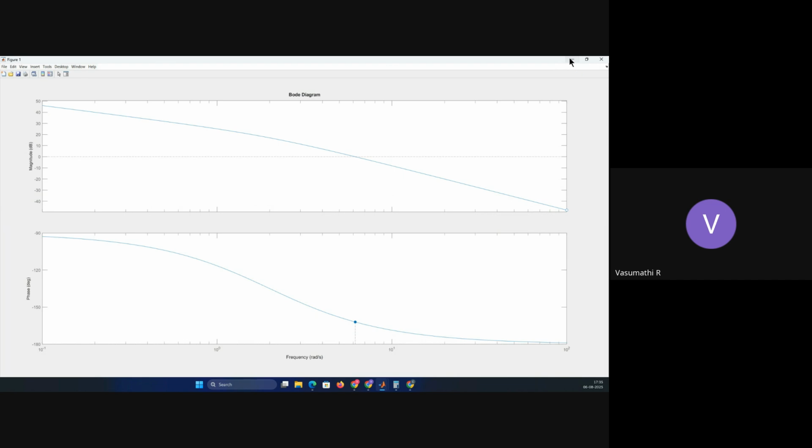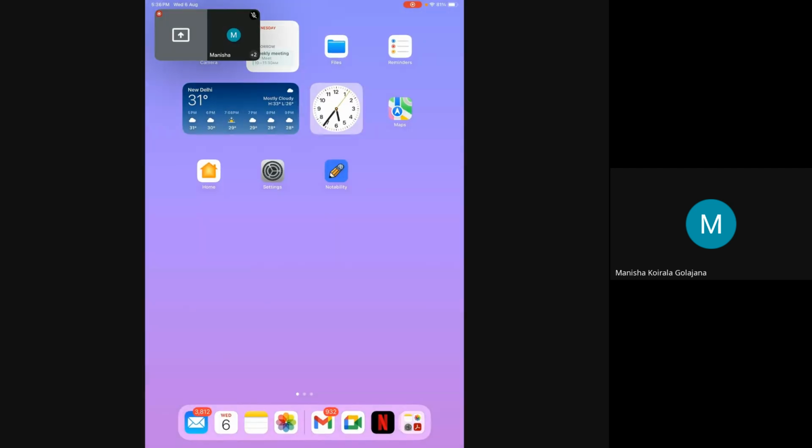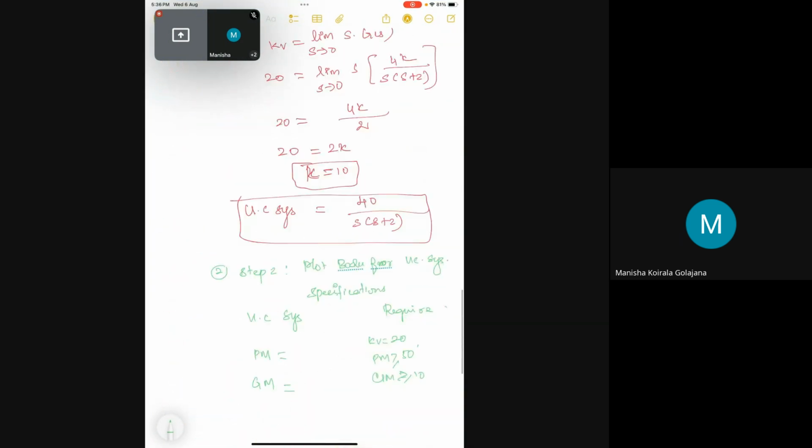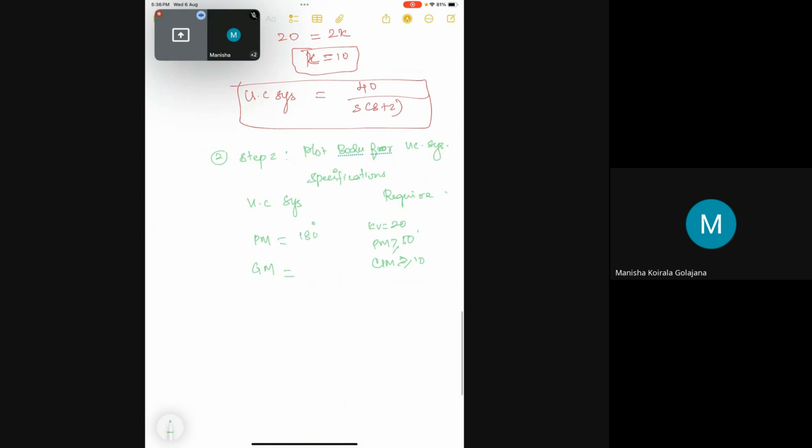I'm switching my tab to explain that. Now the phase margin is 18 degrees and the gain margin is infinity.